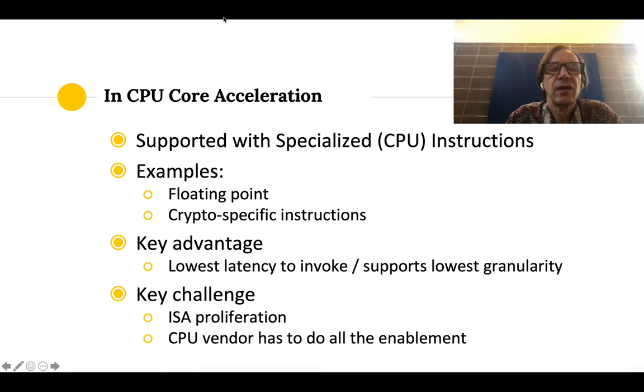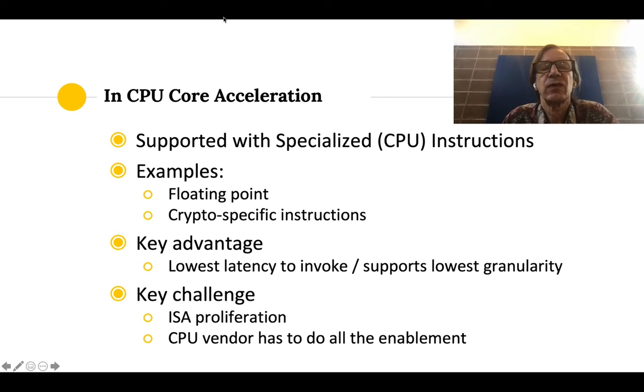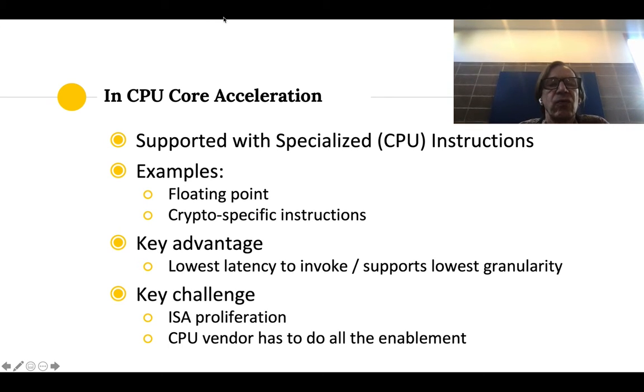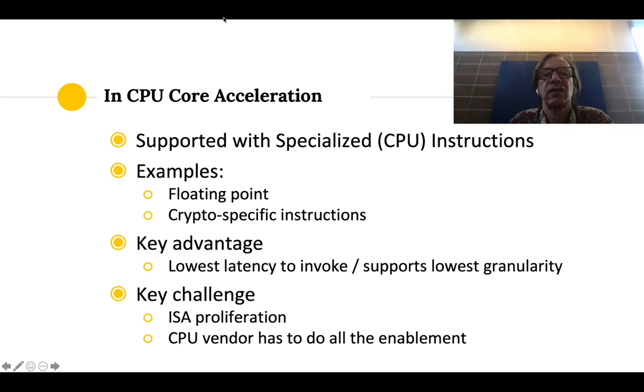The last accelerator integration point we'll consider is in-core acceleration. And some people may not call this an accelerator. In this case, the function to be accelerated is supported with specialized instructions, right?